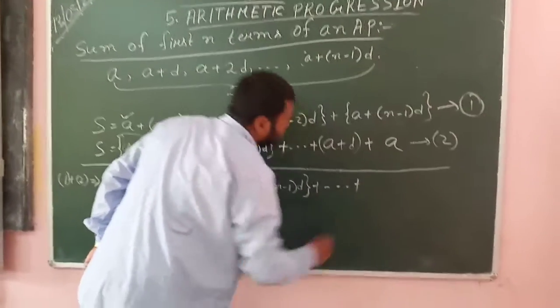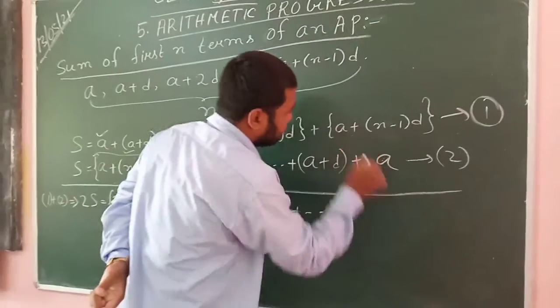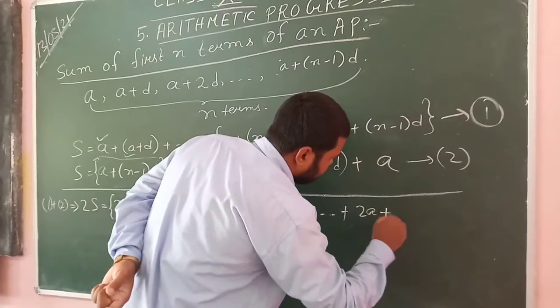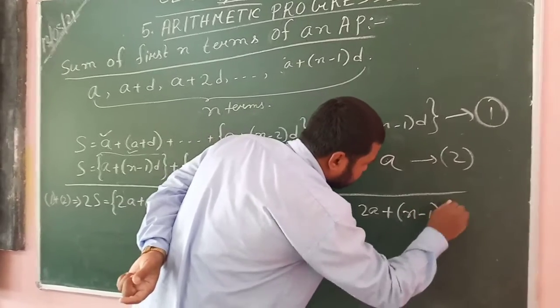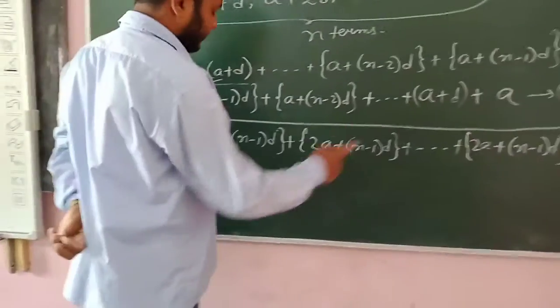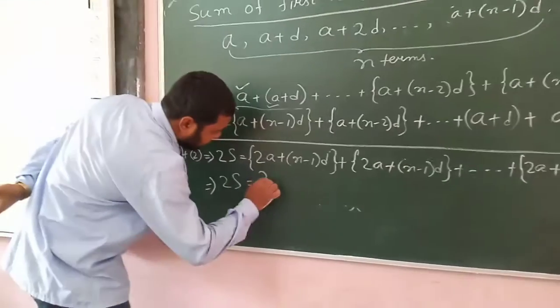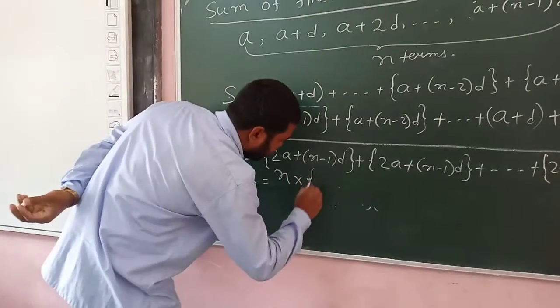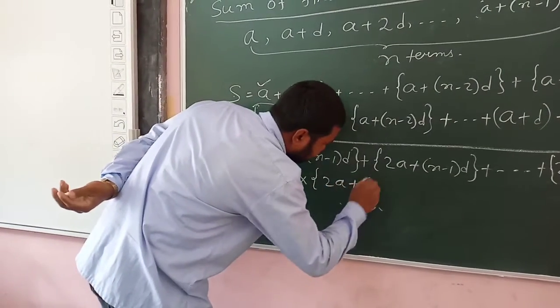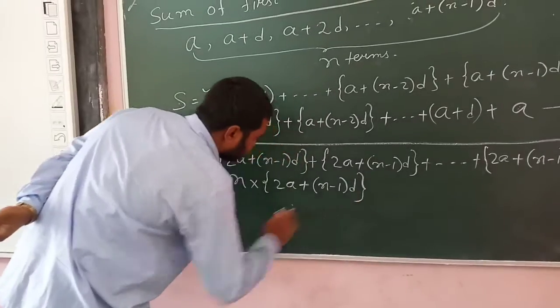And the last term, this one and this one, if we add, a plus a is 2a plus n minus 1 d. So here the number of terms is n. So twice s is n into twice a plus n minus 1 d.